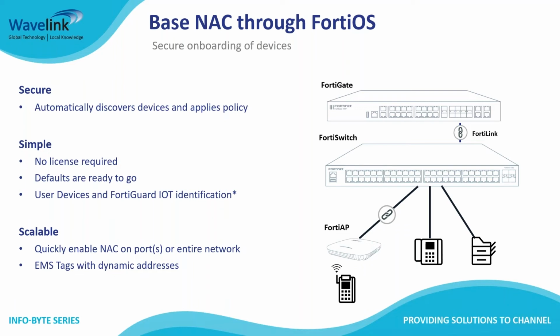And the FortiGate already has an IoT device database, which is built from billions of MAC addresses based on the respective developers. So we all know that by reading the first bits of the MAC address, we can identify the device manufacturer.